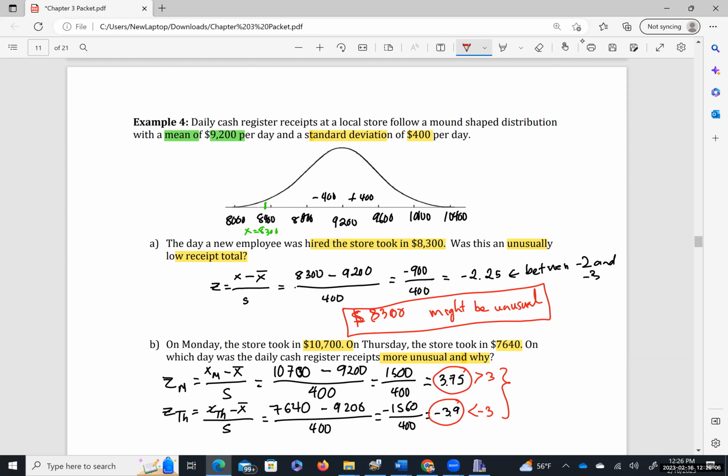So both z-scores are beyond 3 standard deviations from the mean, right? So both unusual.